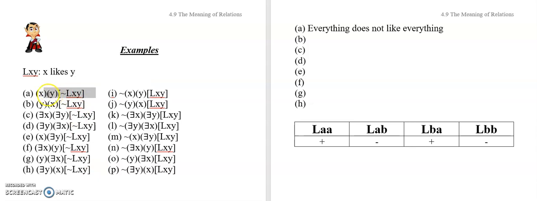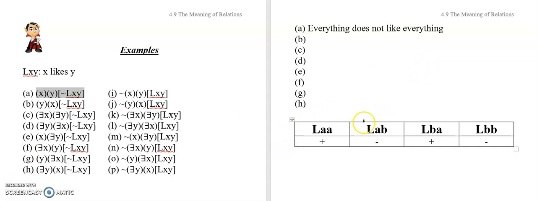A is going to be such that it does not like A, and it does not like B. Moreover, B is going to be such that it does not like A, and it does not like itself. So everything is such that it does not like anything. If this were true, that's what it would mean. But on this domain, is this statement true or false?